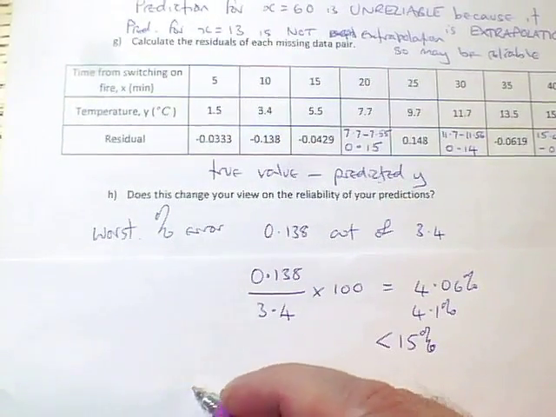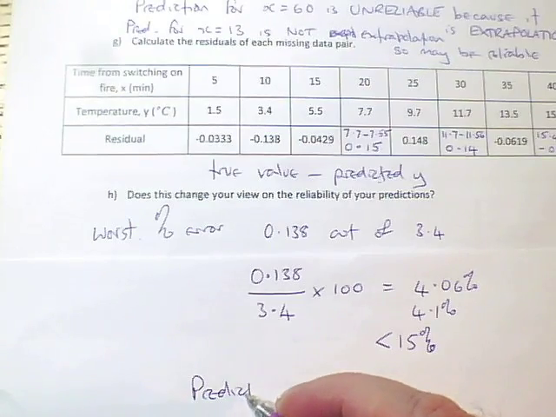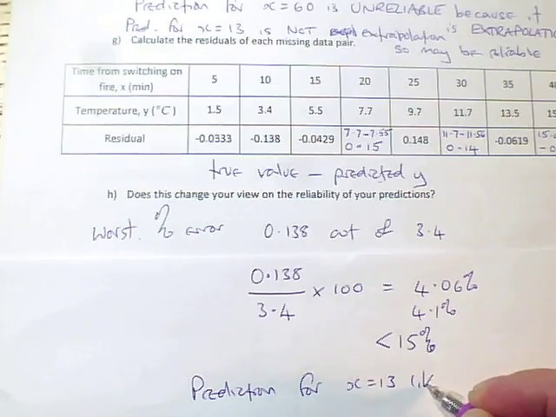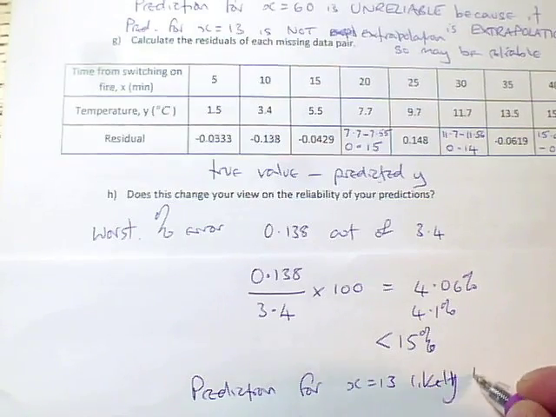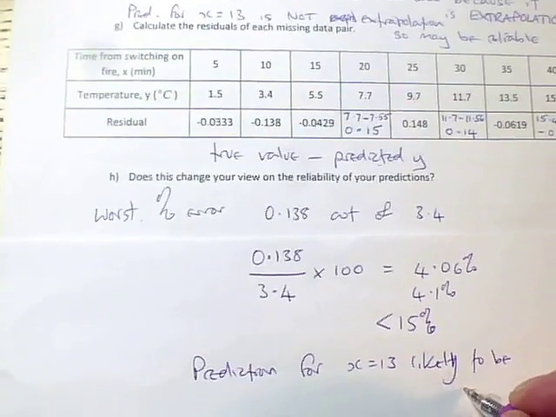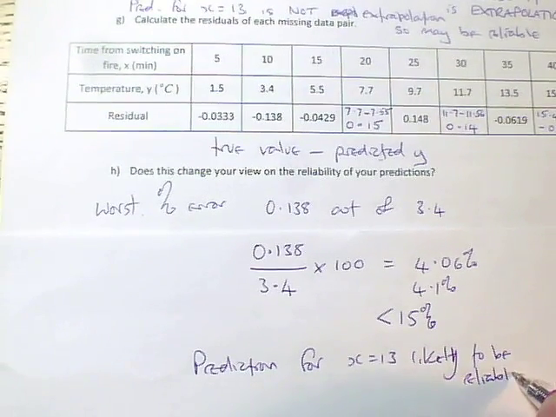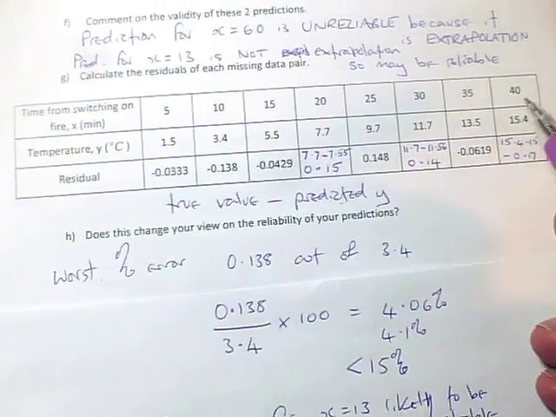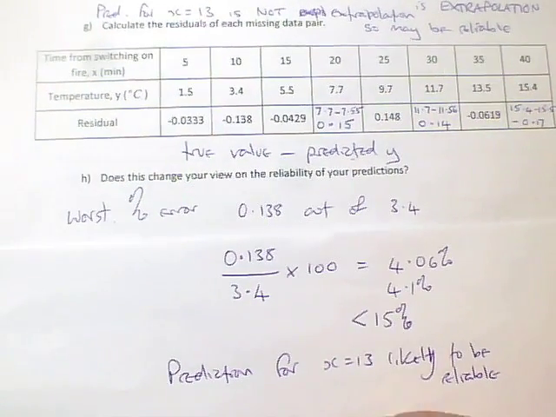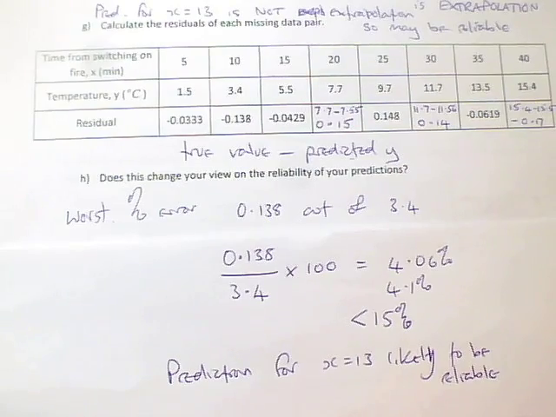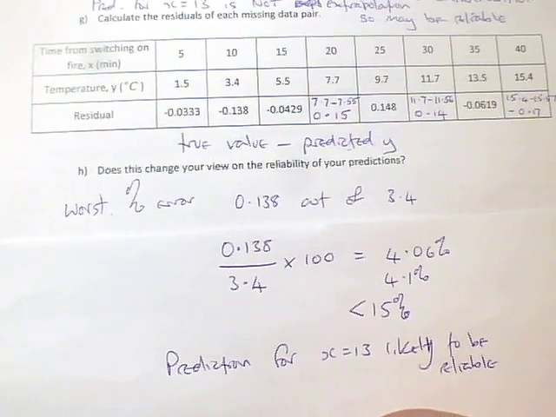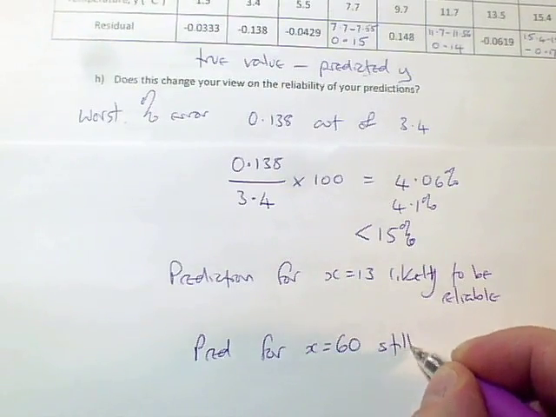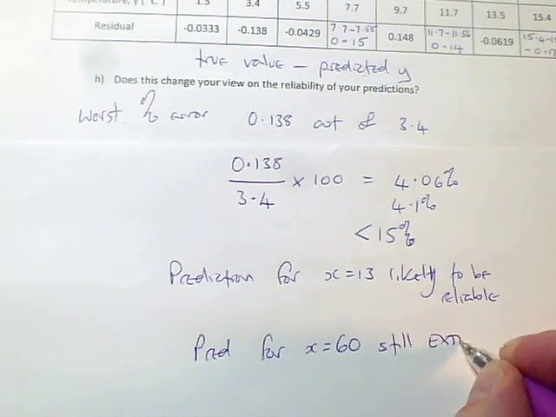So therefore, the prediction for x equals 13 is likely to be reliable. But I'm not going to change my mind about the extrapolation one. 60 is well beyond the edge of the data, and the prediction for x equals 60 is still extrapolation.